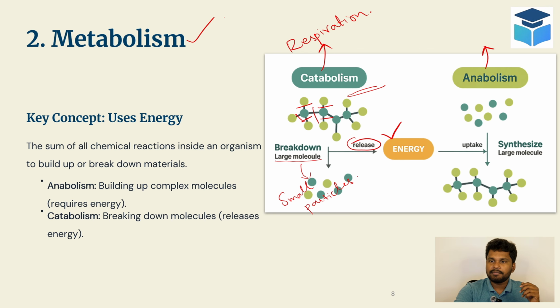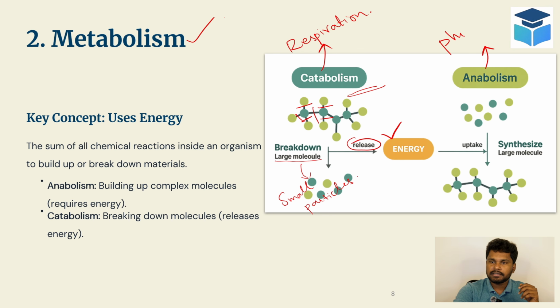The best example for anabolism is photosynthesis. Photosynthesis is the best process to explain anabolism. It is exactly the opposite process to catabolism: the smaller molecules take energy and the large molecules are prepared. The process of preparing larger molecules from small molecules is nothing but anabolism.